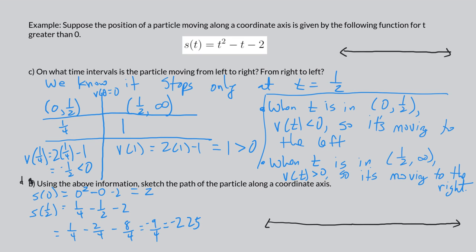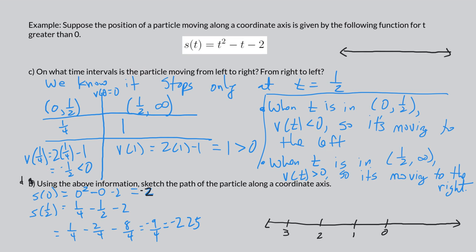So here's 0, here's 1, 2, and 3. Right. I just noticed that I made a mistake. This is -2, of course, not a +2. That is -2.